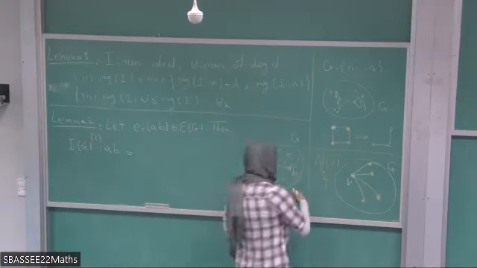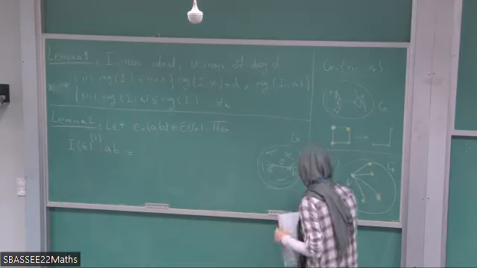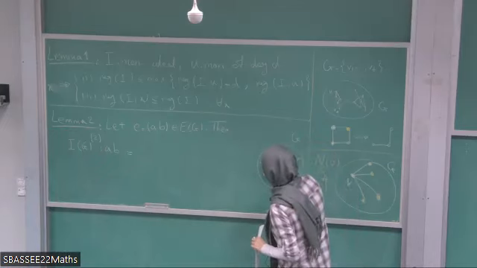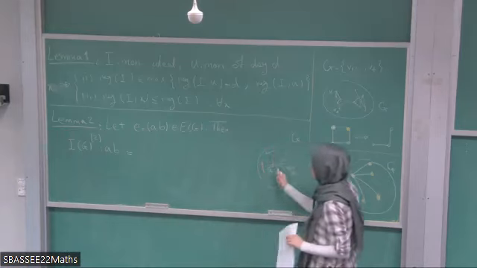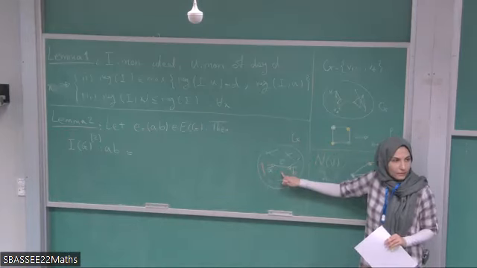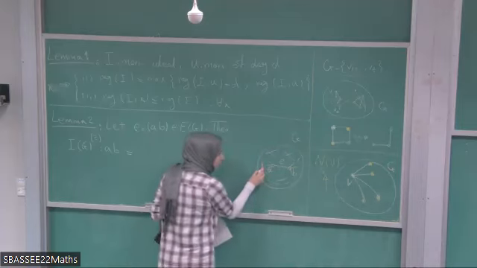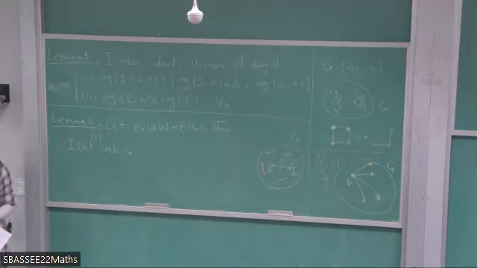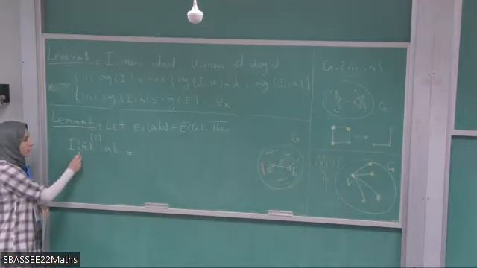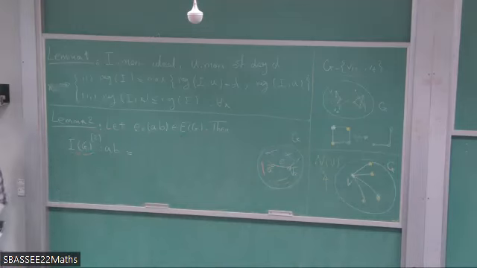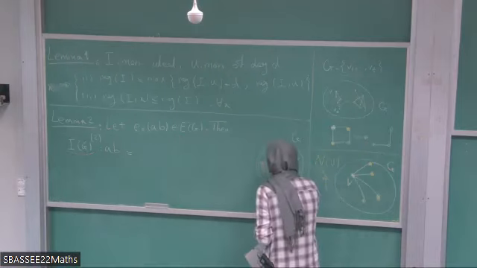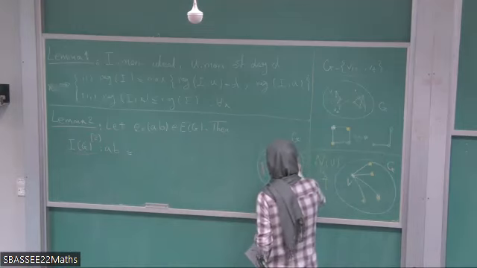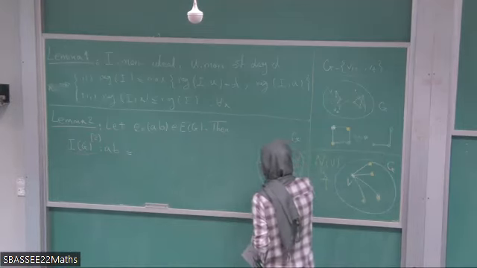Let's see. If I consider this edge, which has no common point with my E, and I multiply this pink one with E, they make a 2-matching. So the result is a generator of I_G squared.